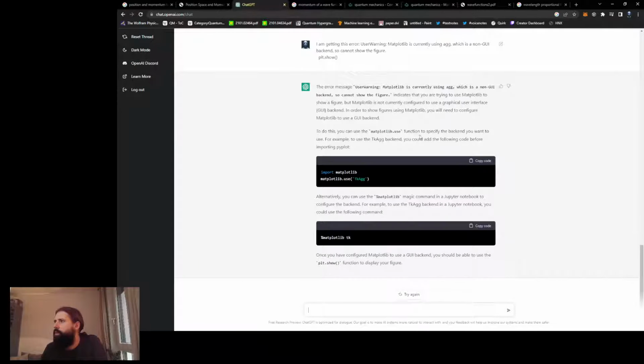Can you specify a backend? Because this works right out of the box in Jupyter Notebooks, right? In order to show figures in Matplotlib, you can use functions by the backend, for example TkAgg. Let's see.